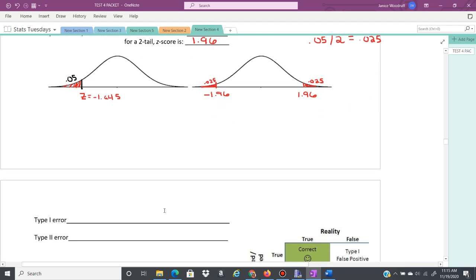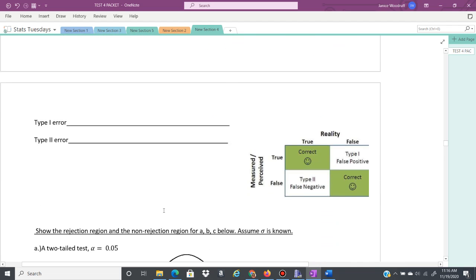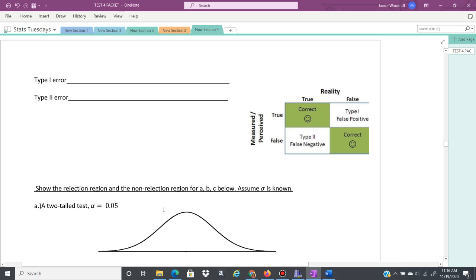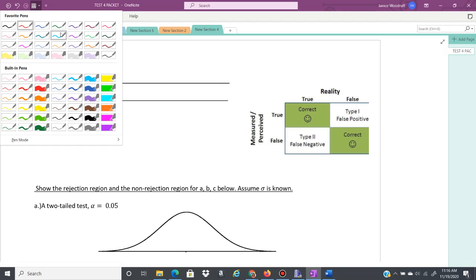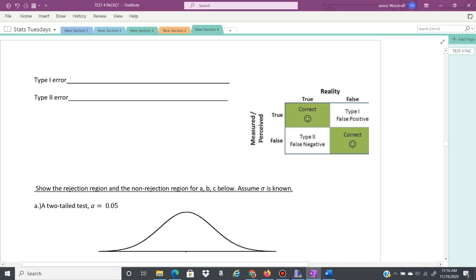Okay, let's look at these errors. Remember, a type 1 error is going to be a false positive. Okay, so that is when the null hypothesis is true, but it is rejected.